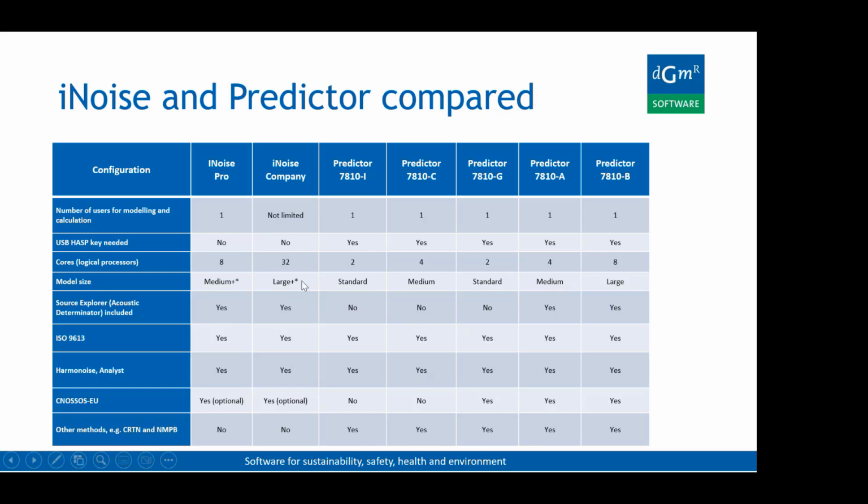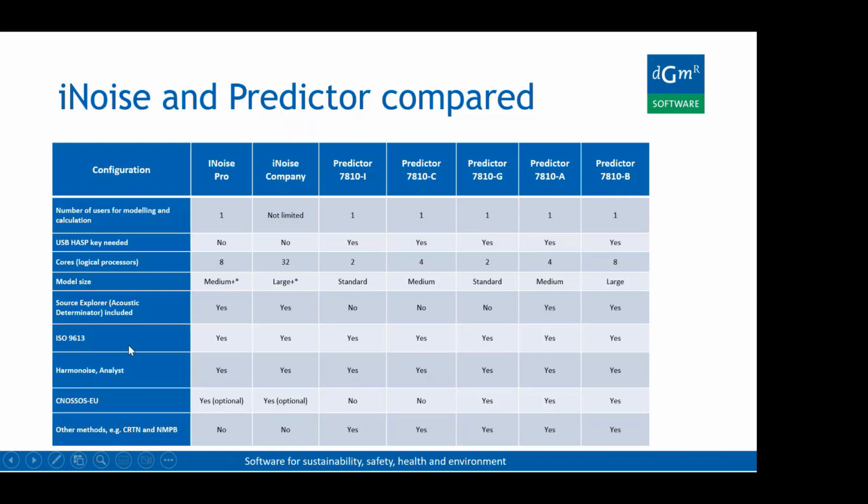And the Company is, of course, large plus because actually it's unlimited, while all the model sizes in Predictor are limited to a certain number of nodes. Source Explorer is included in iNoise, and in Predictor it's called Acoustic Determinator. In these 3 configurations of Predictor, Acoustic Determinator is not included, only in the top end configurations.